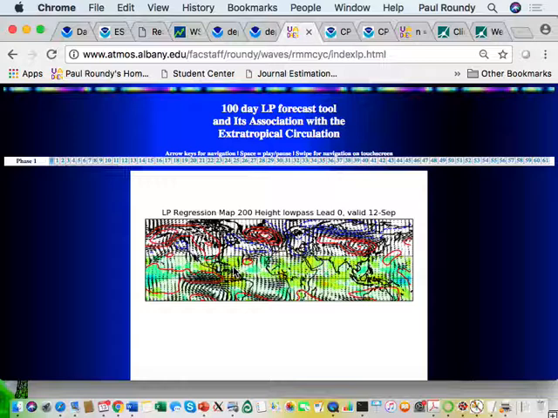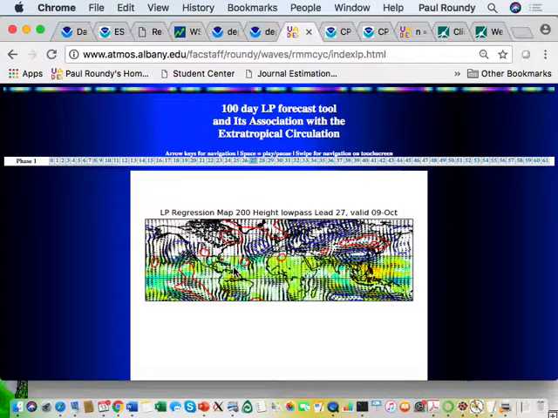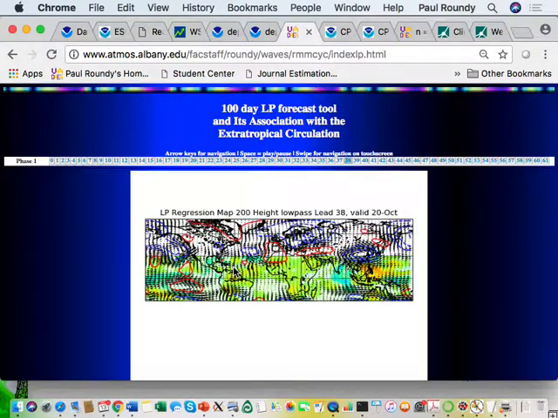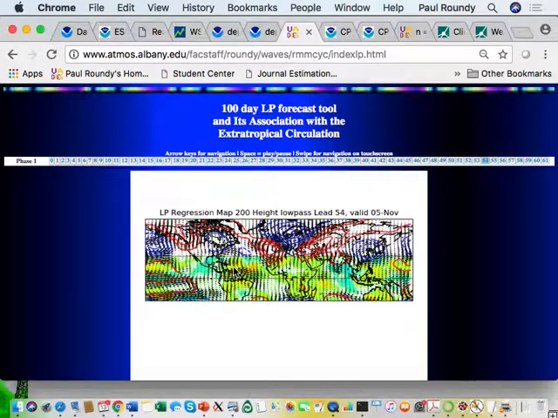And when I go forward in this, it's effectively a lag regression taking a correction from the seasonal evolution. So as I do this, you're going to watch the pattern change as we come into October and then November.